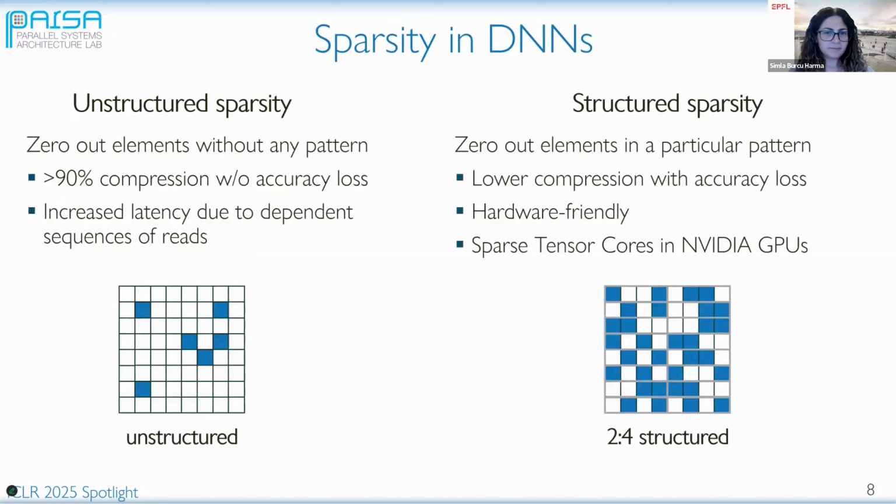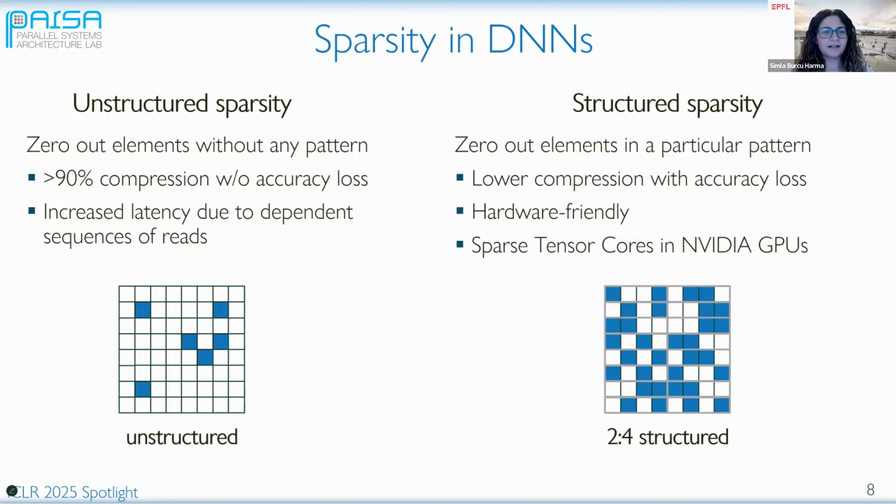There are two types of sparsity schemes, unstructured and structured. And as the name suggests, in unstructured sparsity, there is no particular pattern when we sparsify the matrices. This can lead to more than 90% compression without losing accuracy.